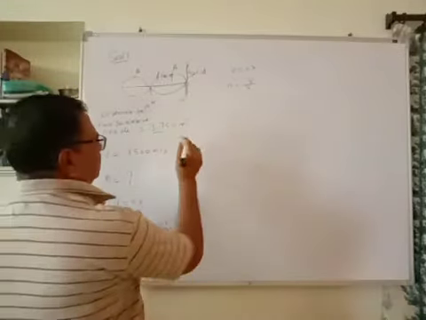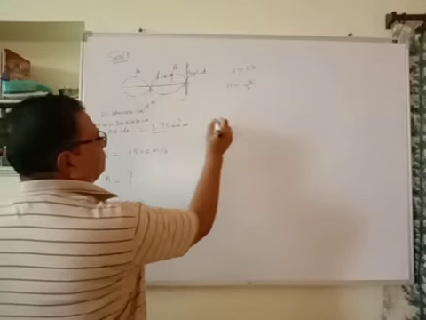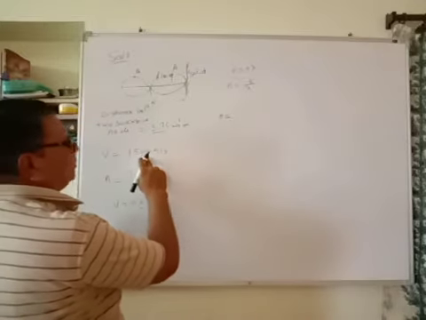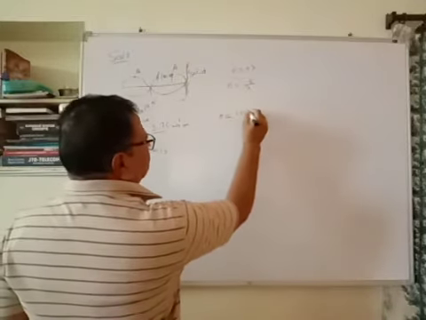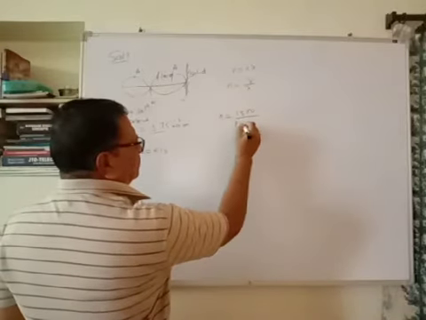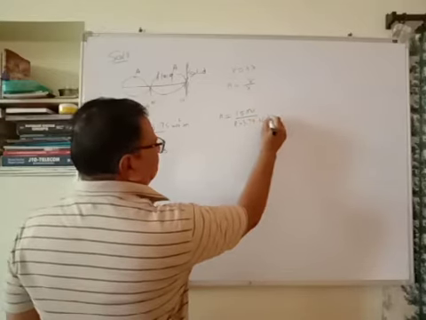Or n is equal to V, and V is given as 1500, divided by 2 into 3.75 into 10 to the power minus 2.